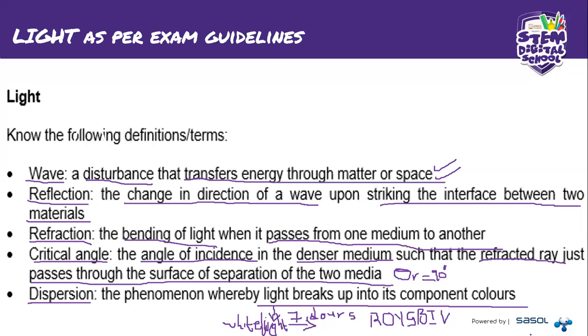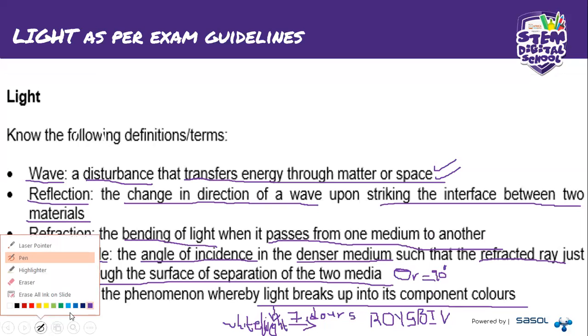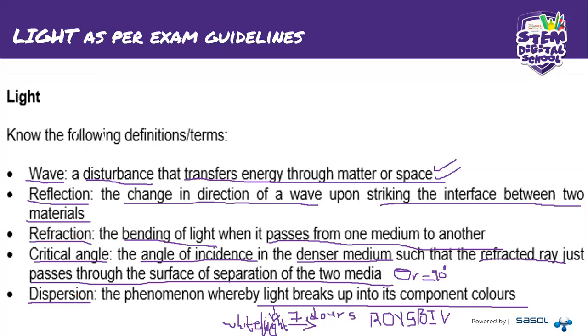Again, from this information, my dear learners, there are facts that you are required to know. And those facts are, when you deal with violet, it will have a high frequency. So it will then mean it has a shorter wavelength because the frequency is high. So it has a higher frequency, a shorter wavelength.